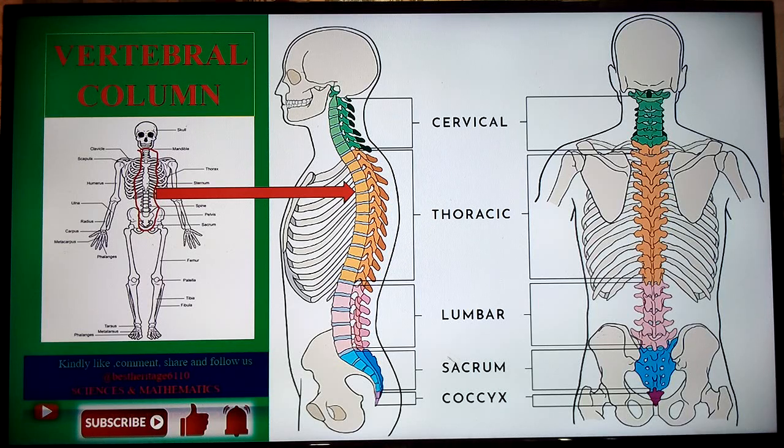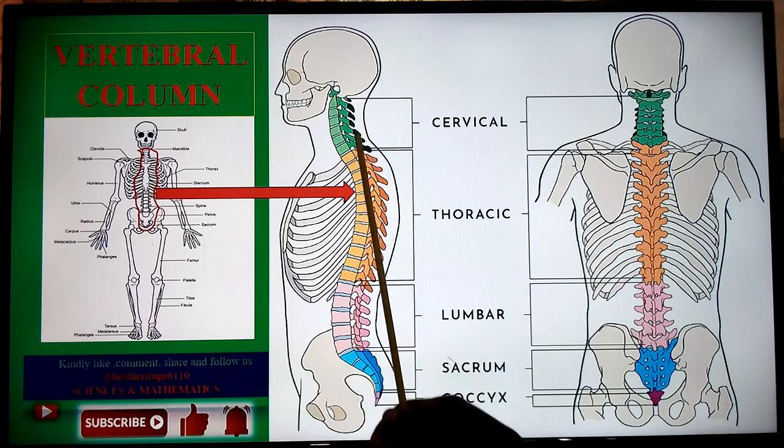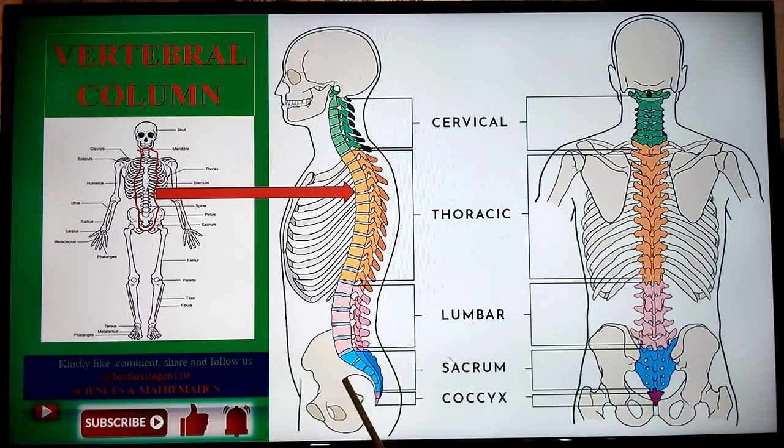Now, the vertebral column consists of bones that I already mentioned, which are referred to as vertebrae, therefore giving it the name vertebral column. We're going to see that the vertebrae consist of 24 bones, which are articulated from the lower part of the skull to the pelvis.